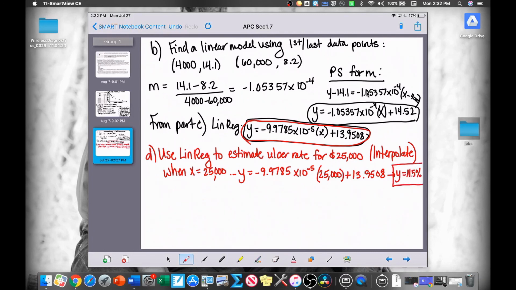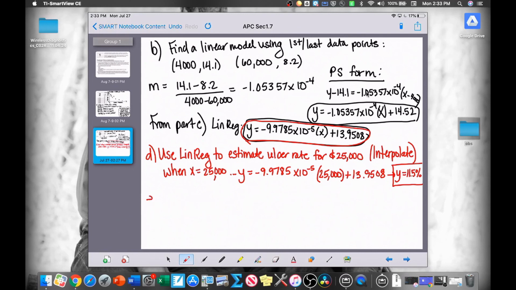Okay, which, if you look at where 25,000 would fall in your data set, it would fall between 20,000 and 30,000, where the ulcer rates are 12.4 and 10.5 respectively, and 11.5 is exactly halfway between those two values. So that fits our data set very well.